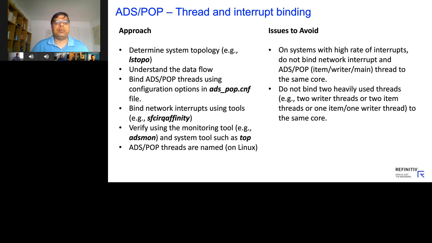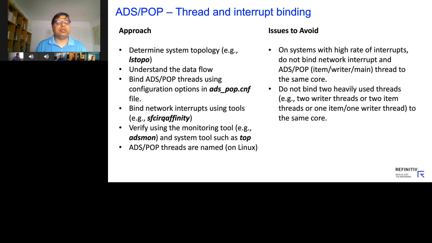There are entries to bind every single thing. And then there's also an option to say bind threads by default, so you don't have to bind that REST thread or the DNS thread, and it will take care of those things, or the stats aggregation thread. And then for the interrupt binding, you can do that yourself, or vendors like Solarflare provide this sfc_irq_affinity.